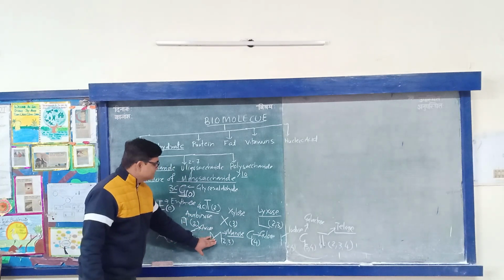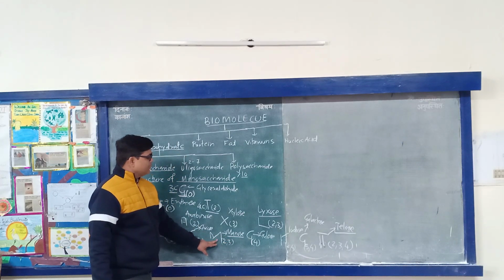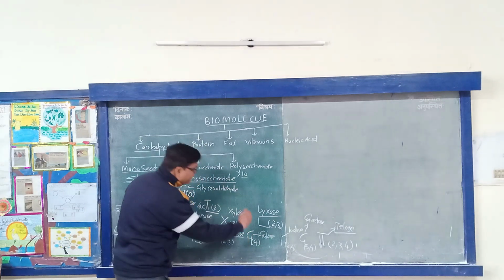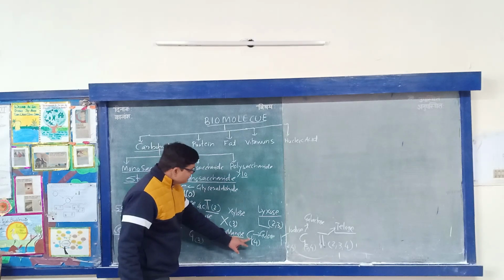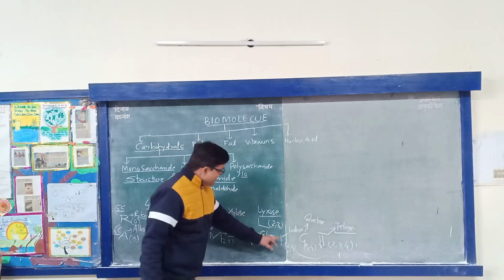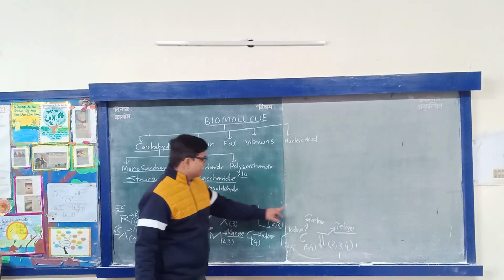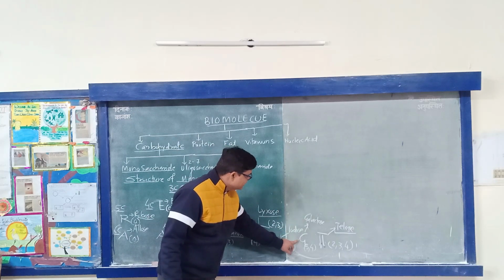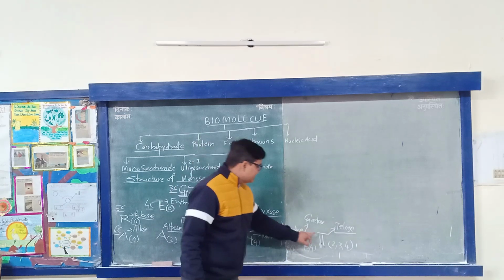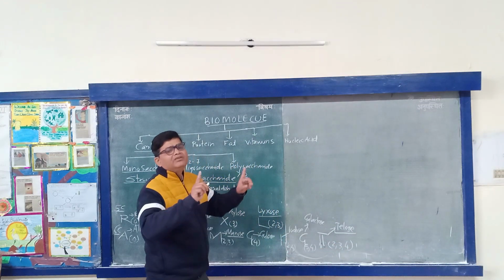In mannose, at carbon number 2 and 3 they are on the left side. In gulose, at carbon number 4 it is on the left side. In idose, carbon number 2 and 4 are on the left side. In galactose, carbon number 3 and 4 are on the left side. In talose, carbon number 2, 3 and 4 are on the left side.